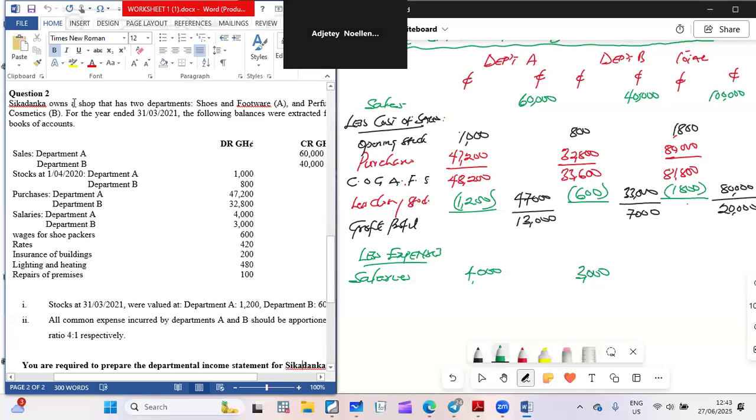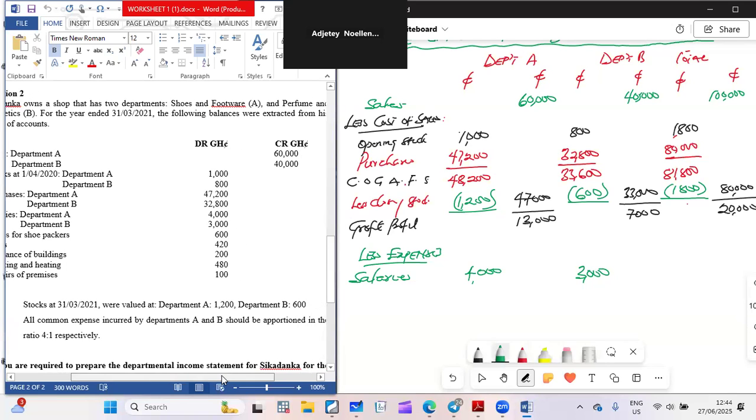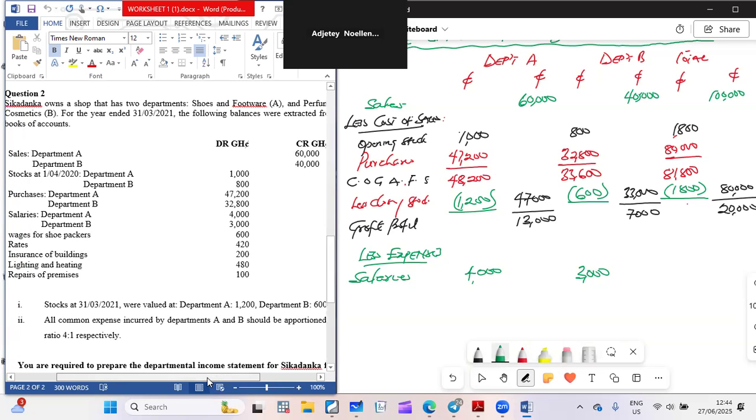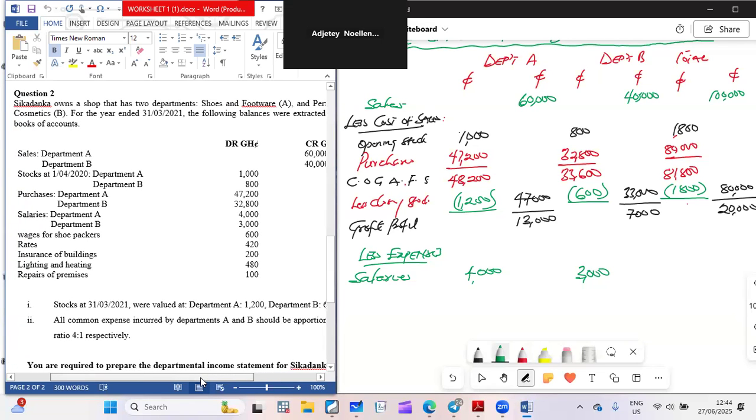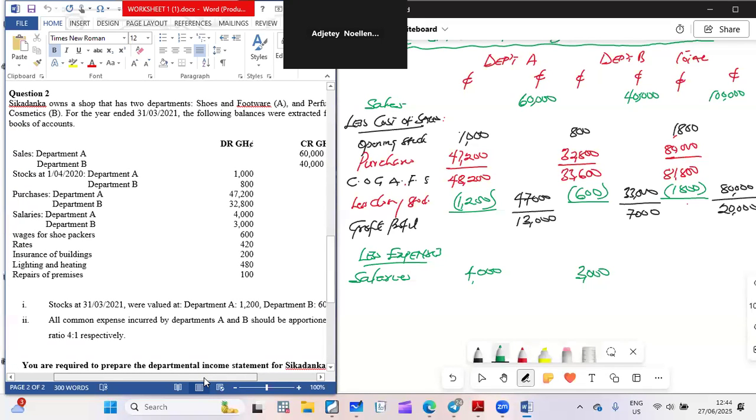So it says that Sikadanka owns a shop that has two departments. Shoes and footwear is department A, and perfume and cosmetics is department B. All right. Have you seen that? So it says that wages for shoe packers.